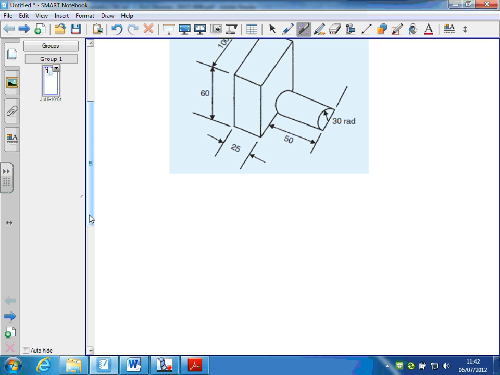Now, if we look at it from this direction, so imagine yourself looking at this side of the shape, you would see this particular area here connected to that. So all of that plus this would actually make up one side of this shape.